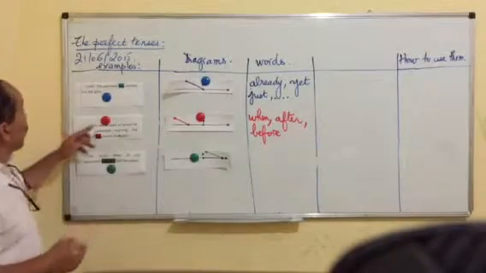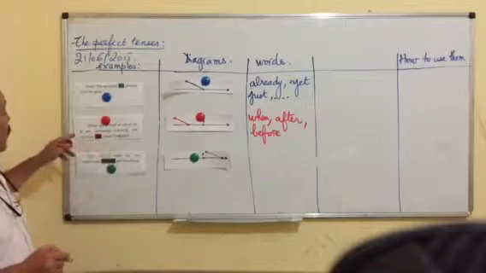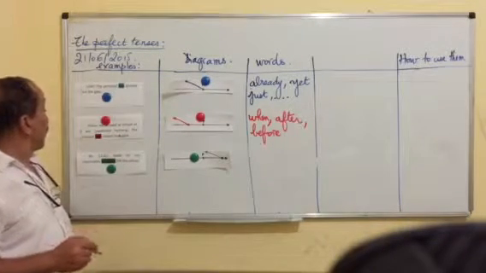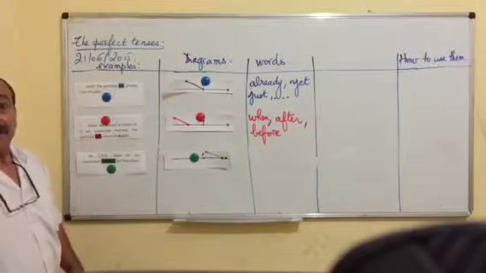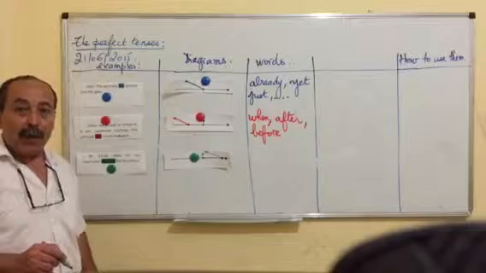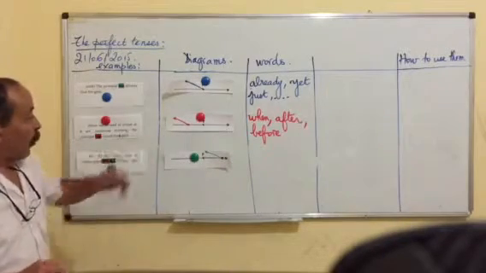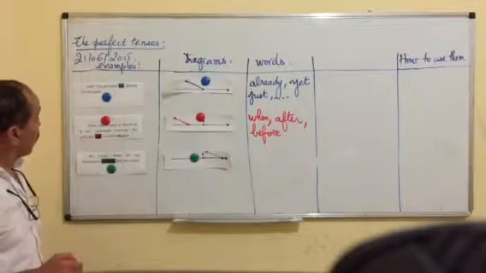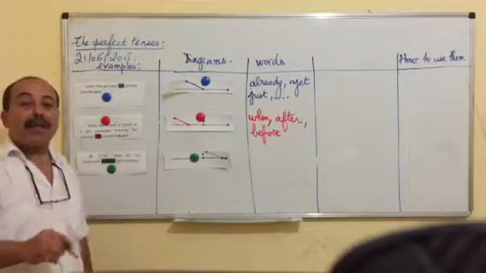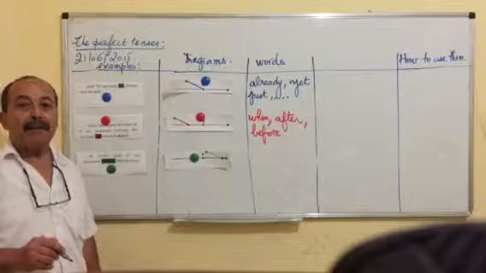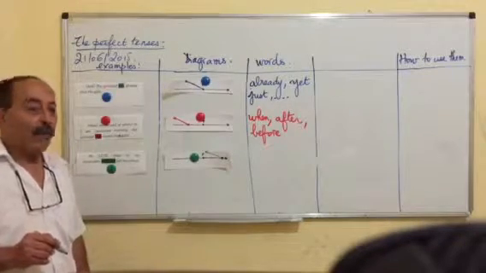Or we arrived at school at 8 a.m. yesterday morning after the principal had closed the gate. Or the principal had closed the gate before we arrived at school yesterday morning at 8 o'clock.